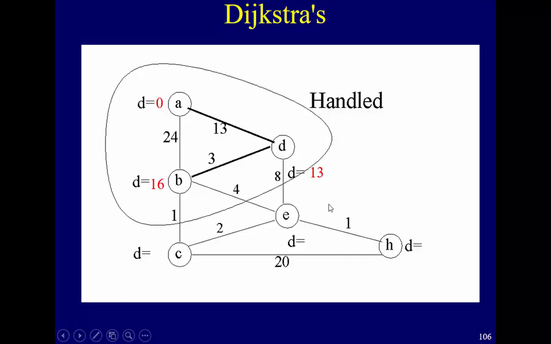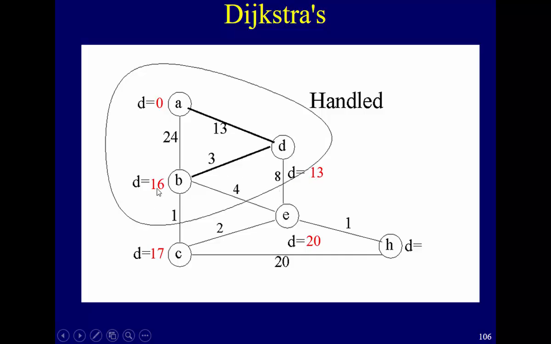But now, what's the d value for E, in C? So here, 19. So 13 plus 8. Right? What do we got here? So this guy is 6 plus 1 is 17, and this guy is 13 plus 8.